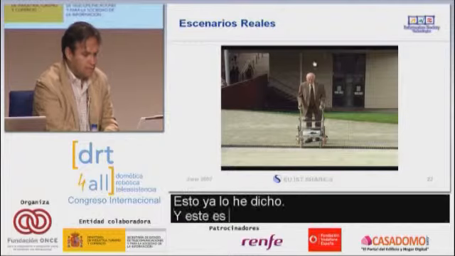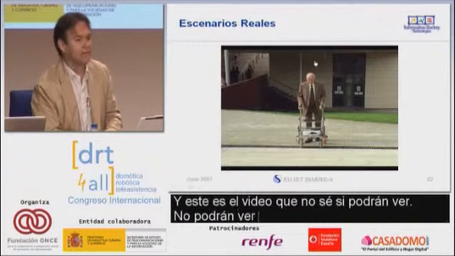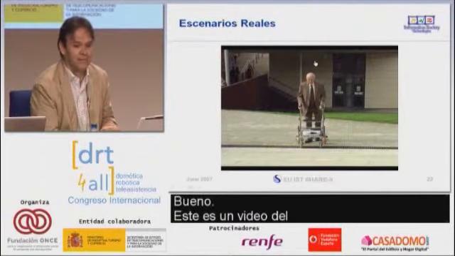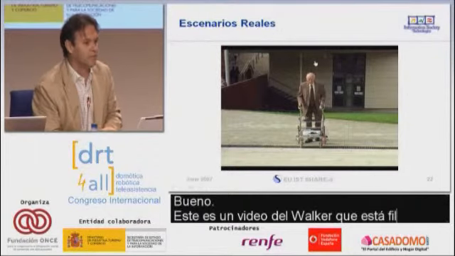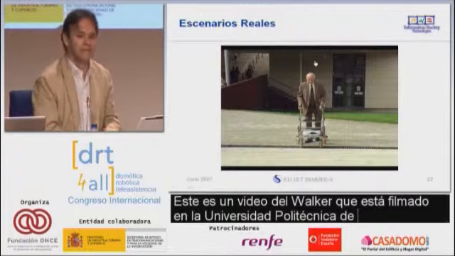This is the tape that you may not be able to see. No, clearly not. It's a walker video, in the campus north of the University of Catalonia.